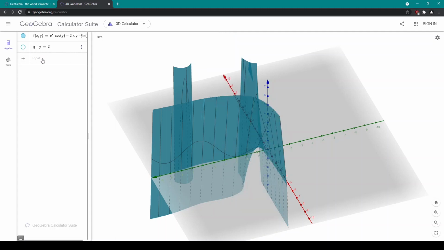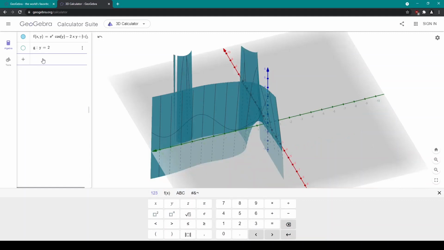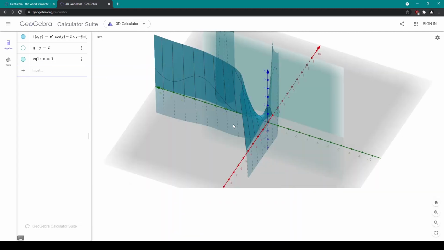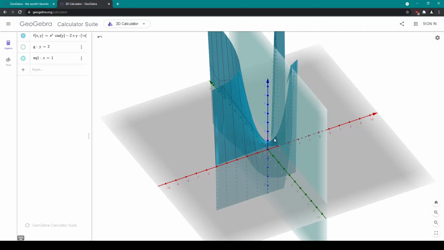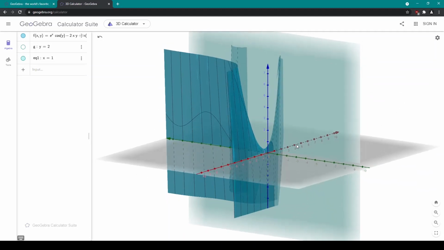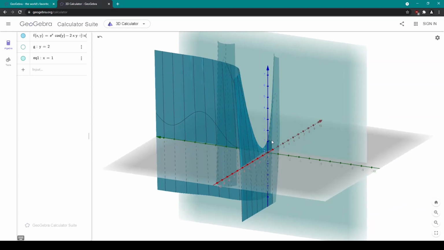So we can turn this off, and then we can also take a look at some other thing, which would be, say, x equals 1. And that gives us a different plane that cuts through our surface, and we can see, again, very lightly where that intersection of the surface and the plane happens.